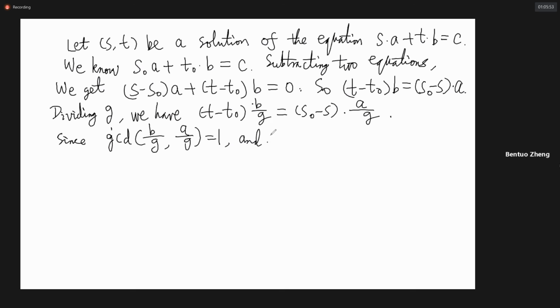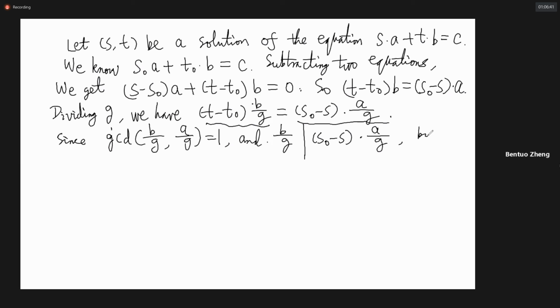And you also know that B over G divides S0 minus S times A over G, because T minus T0 times B over G is equal to S0 minus S times A over G. So B over G divides S0 minus S times A over G.